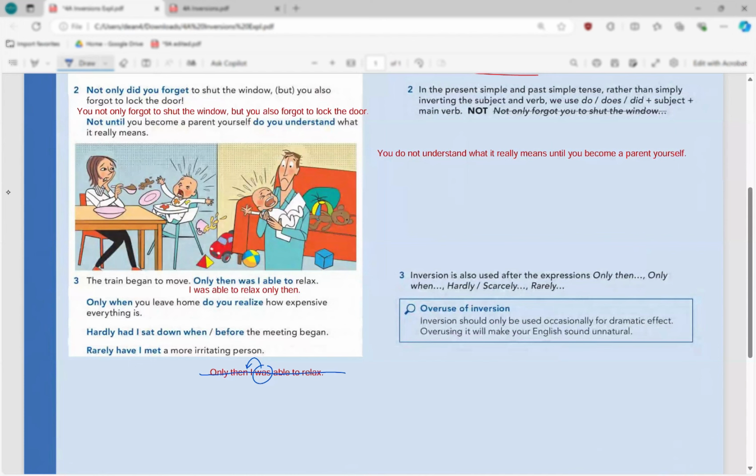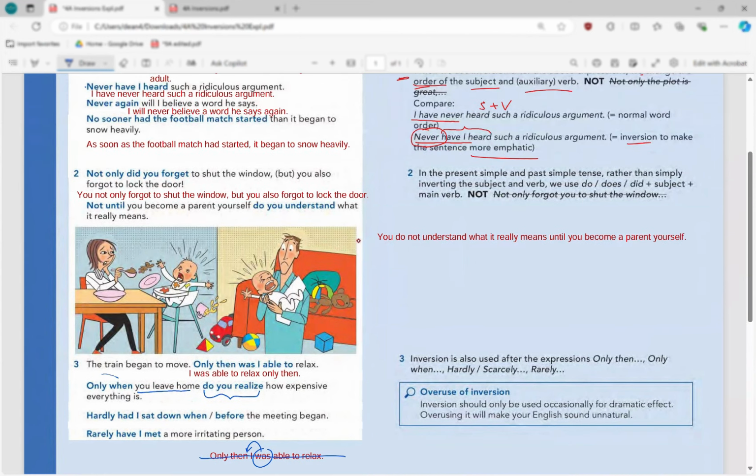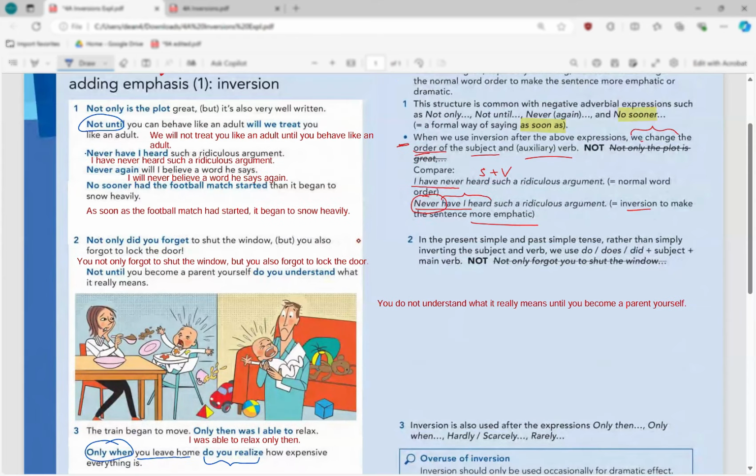Right. Only when, again, look at that. Only when. So the inversion is not happening in the same clause that only when is in. Inversion is happening from here, the way that we start. So we need to memorize that. So only when, this is a rule. And also not until.